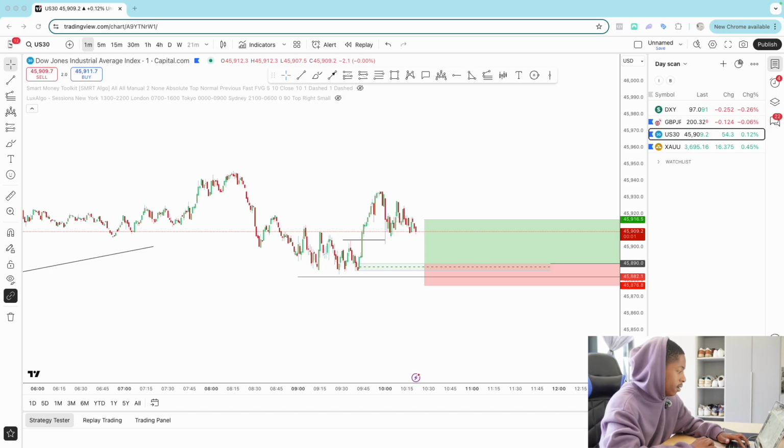Hmm, 40 lots. Okay, this thing wants me to put up 40 lots. And then take profit is gonna be somewhere around 700.